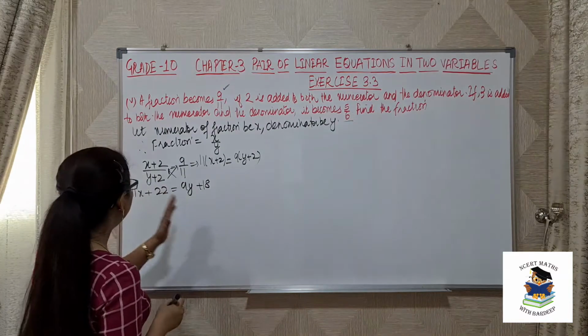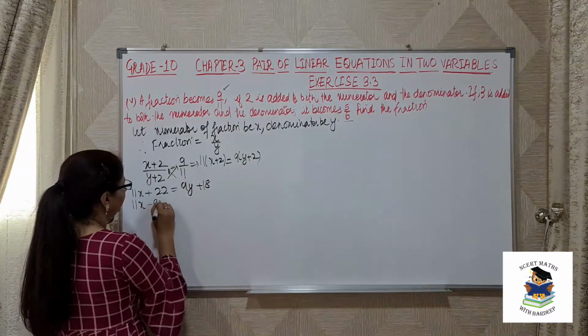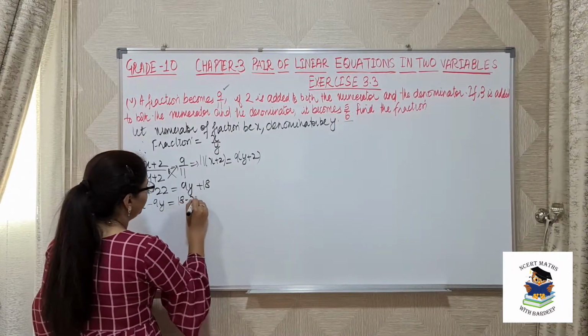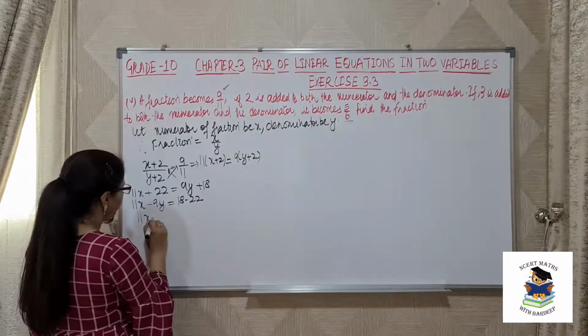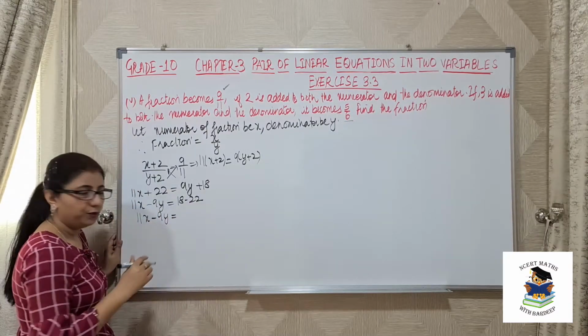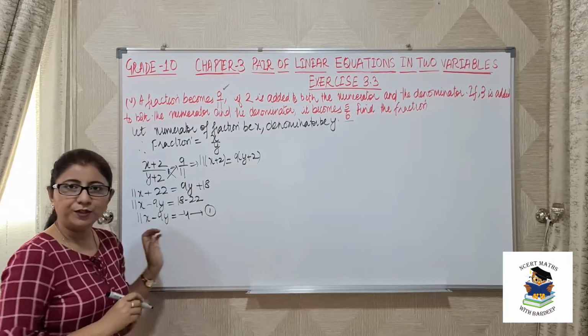Okay. So take variables on one side. So 11x, this is minus 9y. 22 will go to other side, so 18 minus 22. So our first equation is 11x minus 9y. 18 minus 22 is minus 4. So this is our first equation.